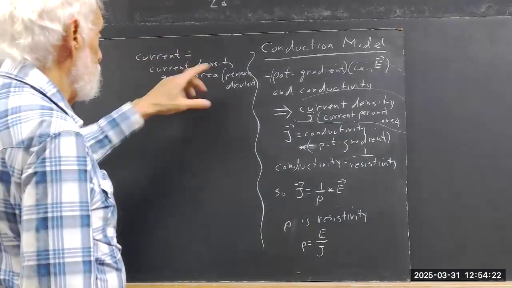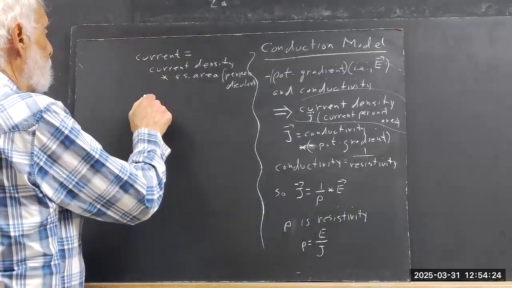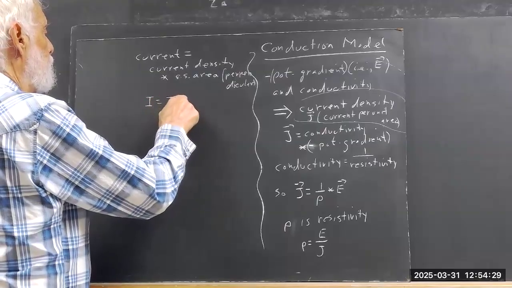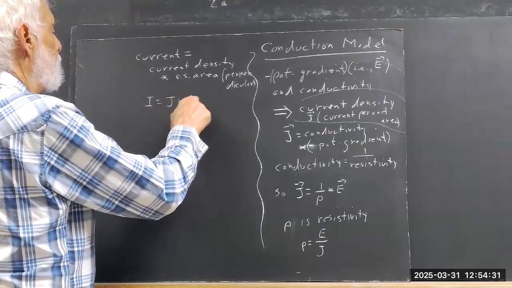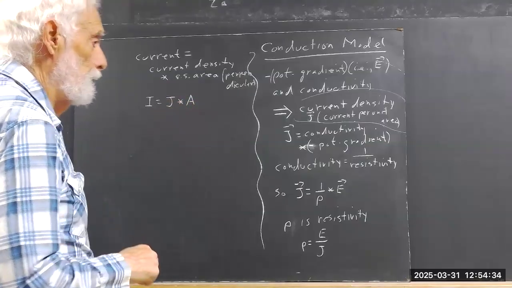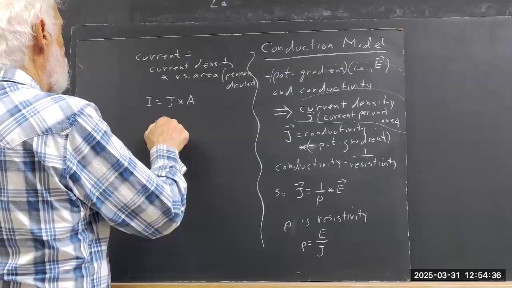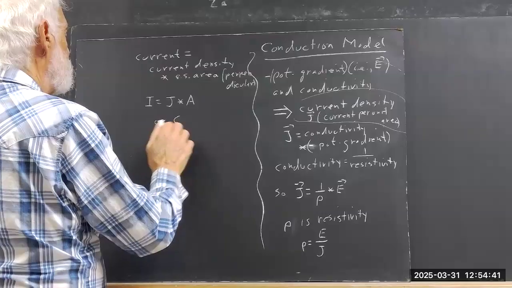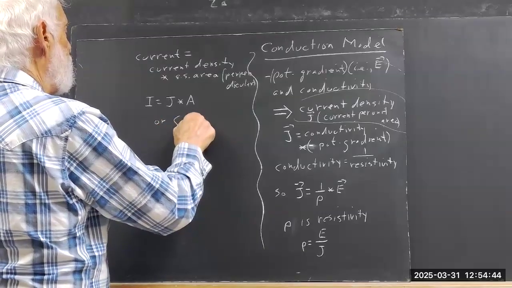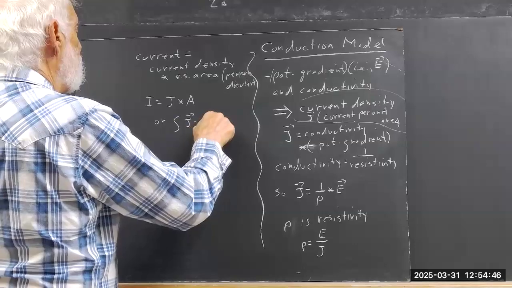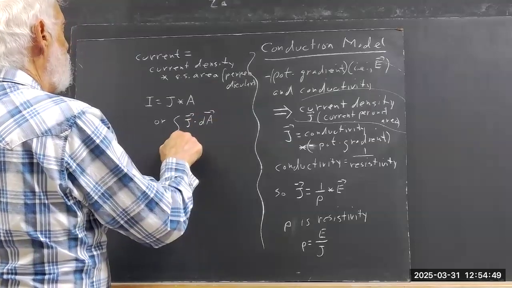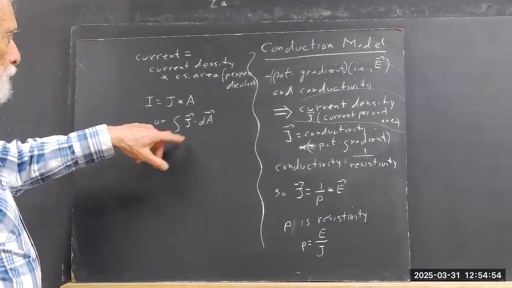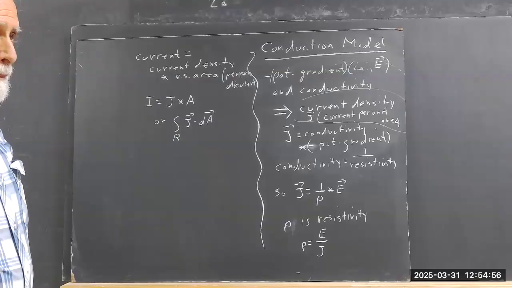I'm not writing out all the words here. So we write that as I equals J times A. Or in general, the integral over the cross-sectional region of J dot dA.